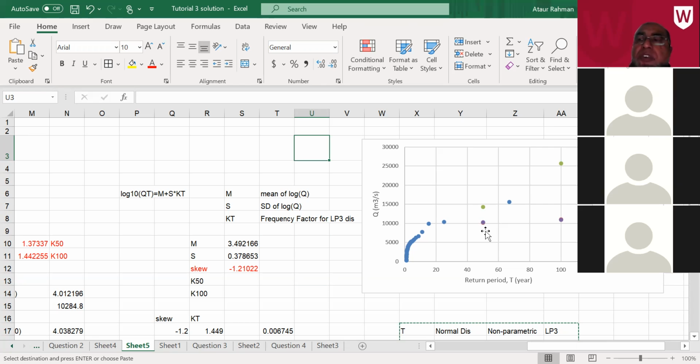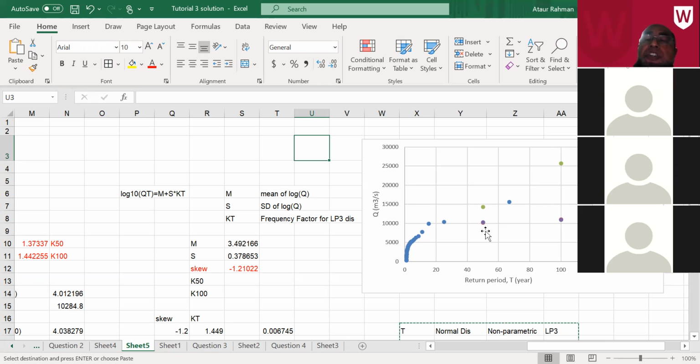They are not really floods, although they are annual maximum flows. So when you fit the LP3 distribution, we have to ignore those. Not ignore, it is called censoring. You cannot ignore it completely. This censoring is available in software like FLIKE. I think we don't have time to discuss it today, but you should really know it.